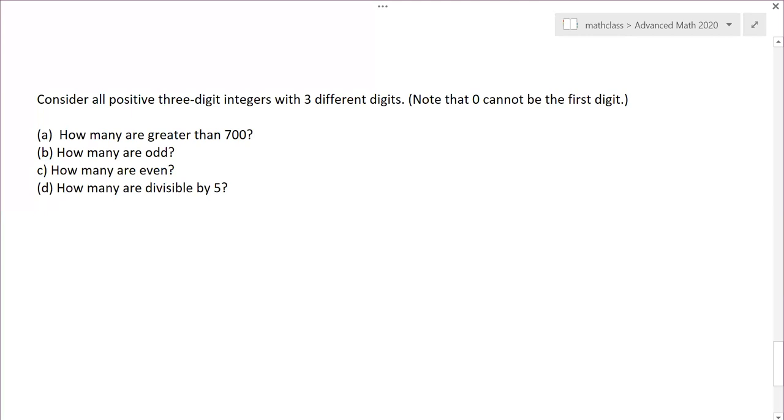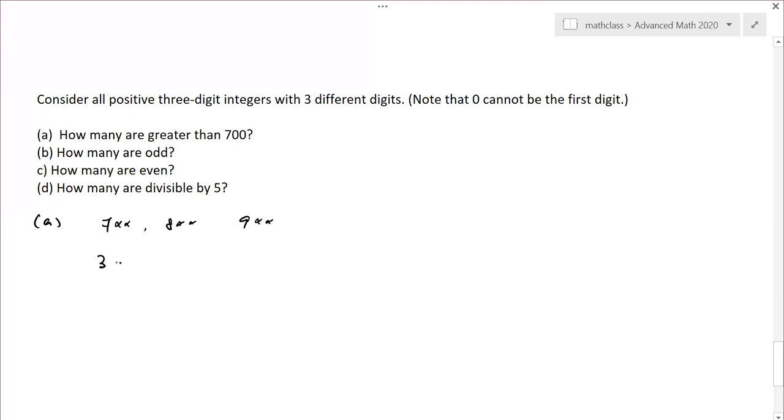Yeah, let's do the first problem. So the first digit must be either 7 or 8 or 9, right? So you have only 3 choices for the first digit.